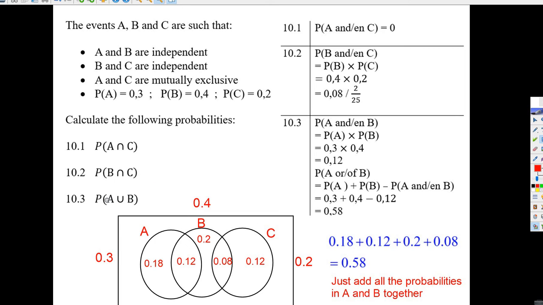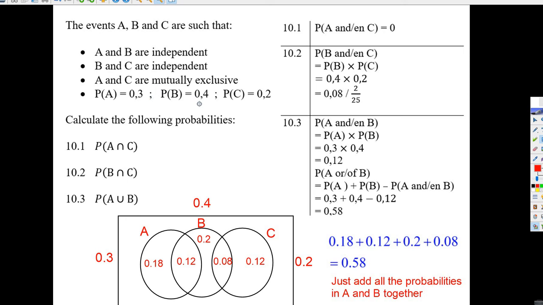Now the last question, A union B. That's where you need to know this formula: the probability of A plus the probability of B minus the intersection of A and B. If you've got that formula, it gets pretty easy. You put in A, you put in B, but then you go, I don't know the probability of A and B. Oh, but that's not hard.